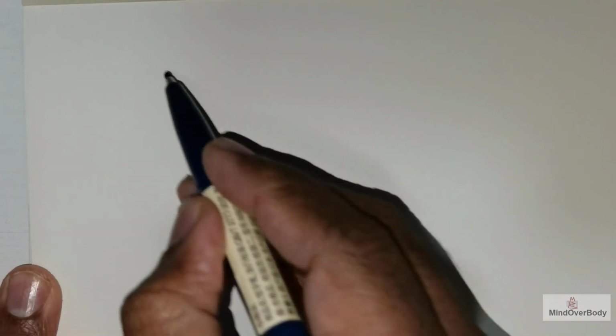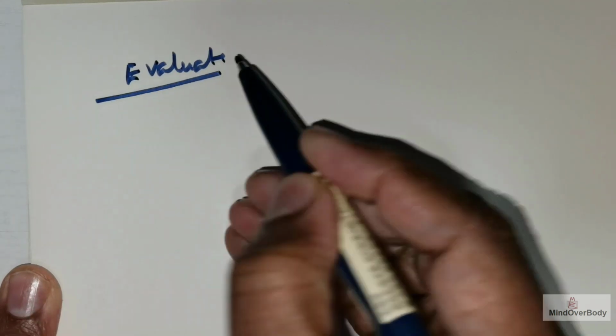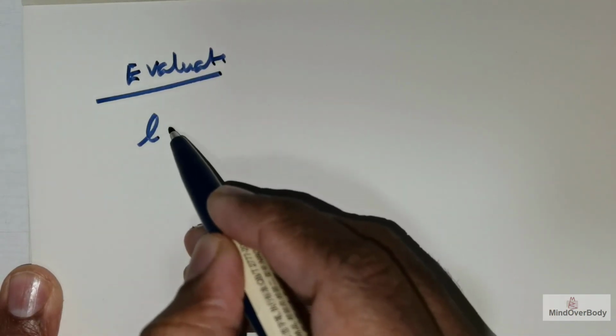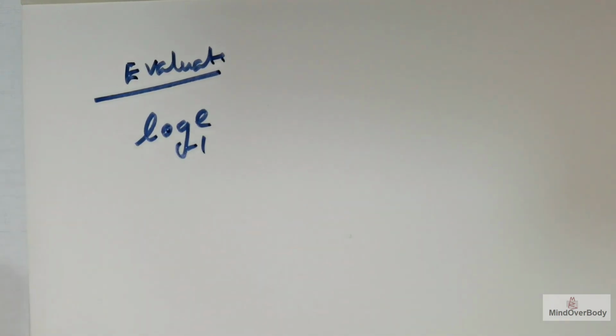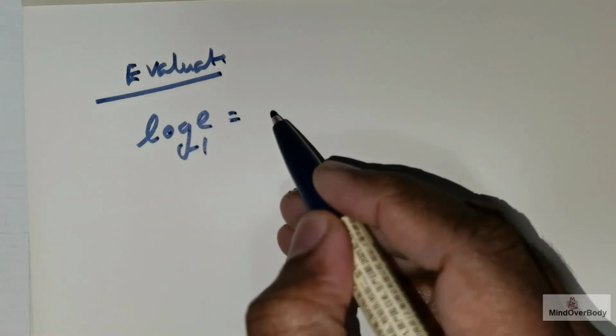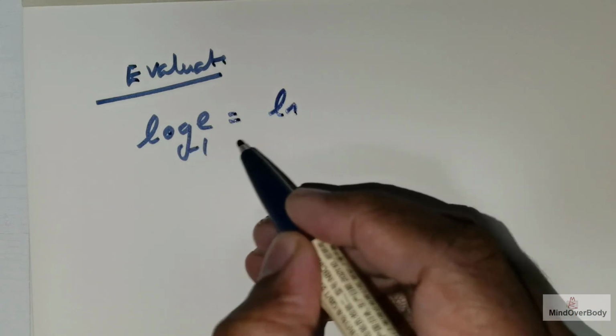Now imagine you've been asked this question: evaluate, say, log of e to the base -1. How do we do that? I'm going to rewrite this by introducing a new base e.